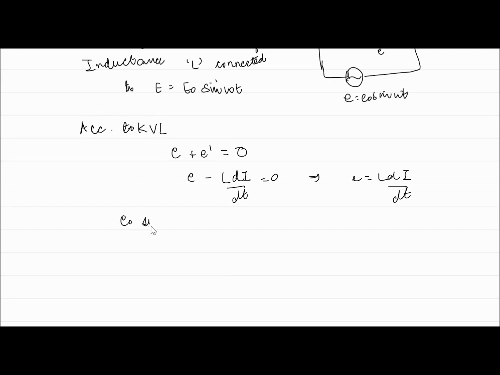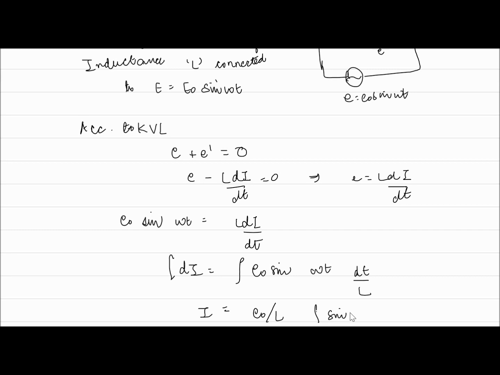So E naught sine omega t equals L di by dt. We get di equals E naught sine omega t dt by L. So when we integrate both sides, we get I here, we get E naught by L outside, and we are left with sine omega t dt.